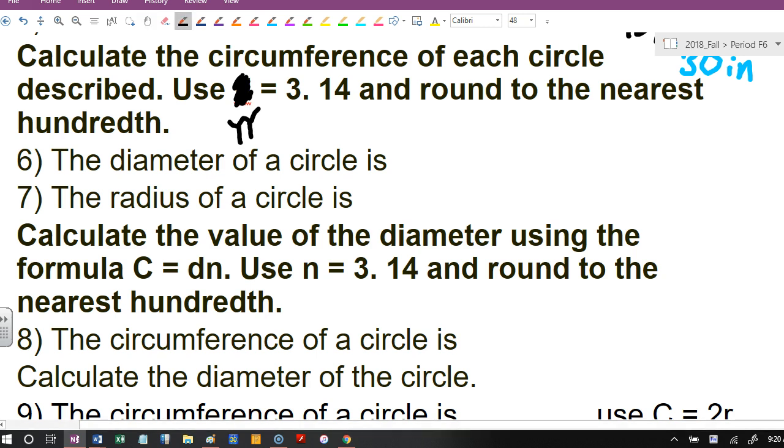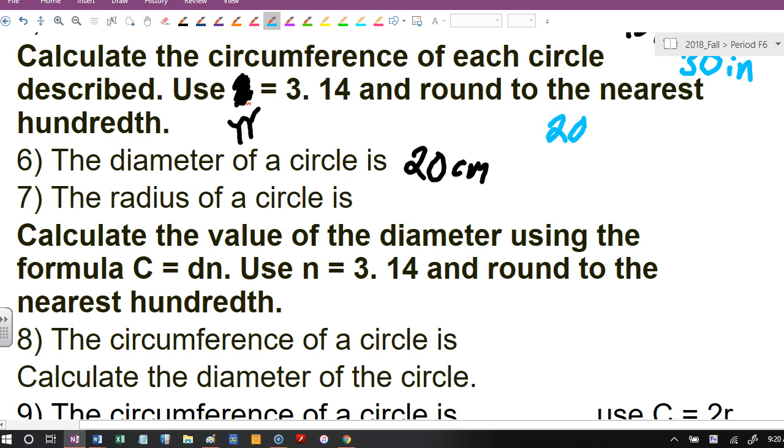Calculate the circumference of each circle described. Use pi equals 3.14 and round to the nearest hundredth. The diameter of the circle is 20 centimeters. How do we get to the circumference?